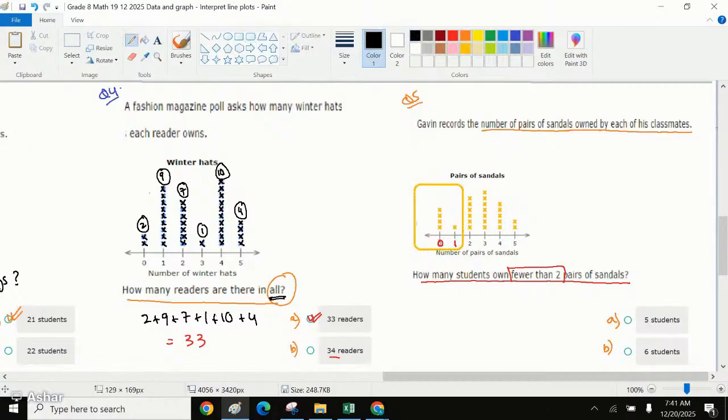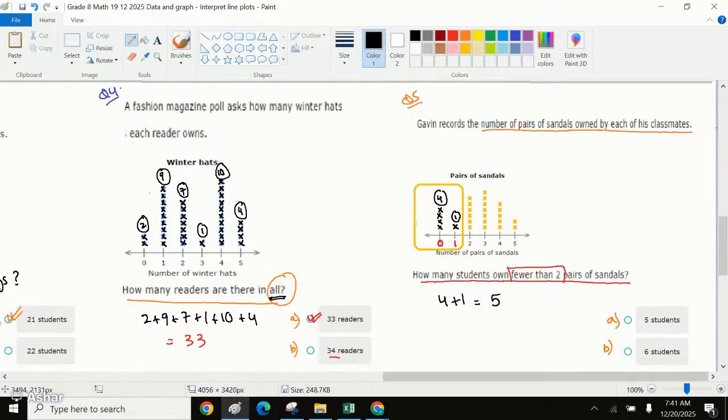So let's count these values over here. 1, 2, 3, and 4. There were 4 classmates who had 0 pairs, and 1 student who had 1 pair. That means fewer than 2 would mean 4 plus 1, and the total is 5.